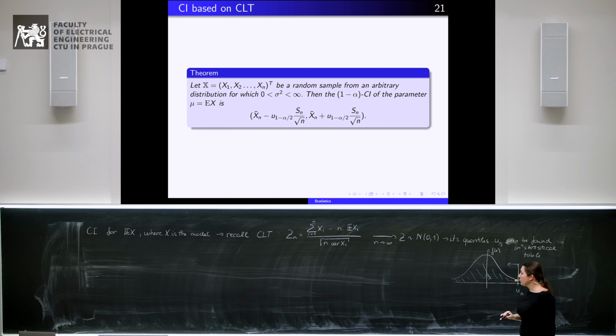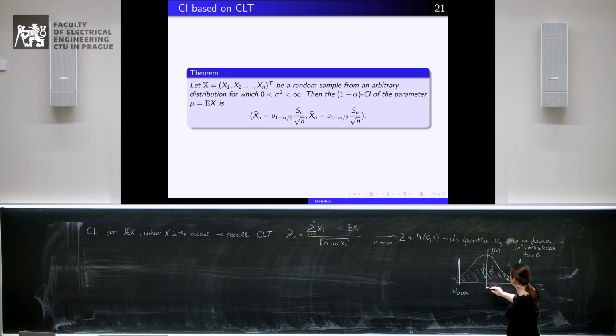And as I showed you last time, when we are looking for the boundaries where the area between these two boundaries is 1 minus alpha, and we suppose that the interval is symmetric, then we have the quantile with the index 0.975 on the right side and the quantile with the index 0.025 on the left side. Why?